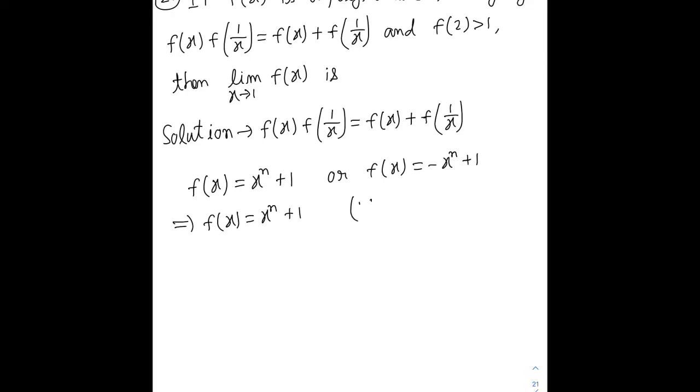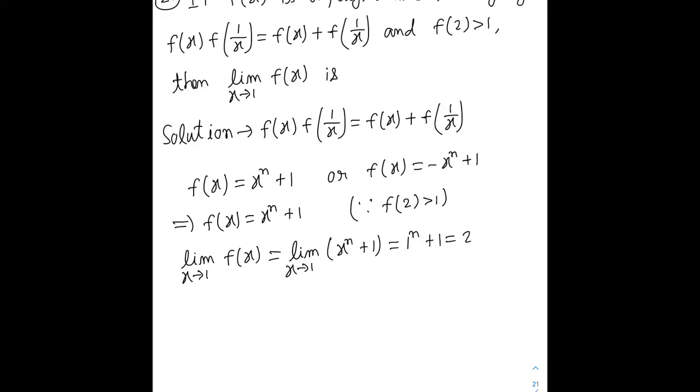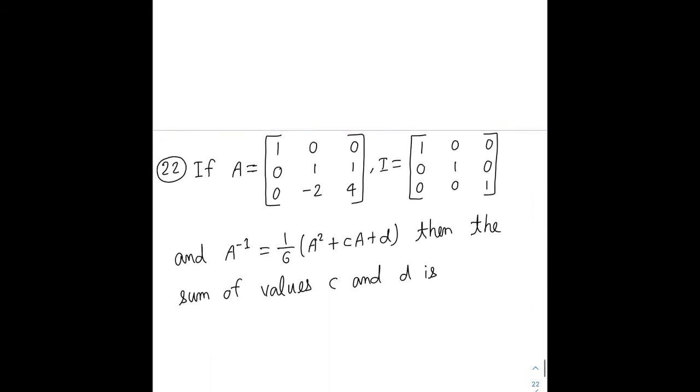Now you have to find the limit of f of x as x tends to 1. If you substitute x equal to 1, you will get 1 to power n plus 1, so 1 plus 1 you will get 2. That is the answer. It is an integer type question, so no options are given.